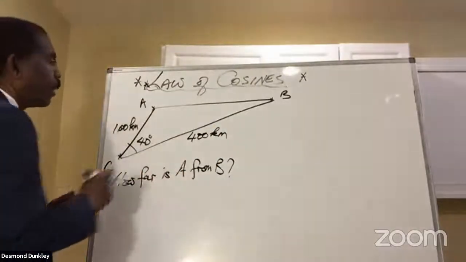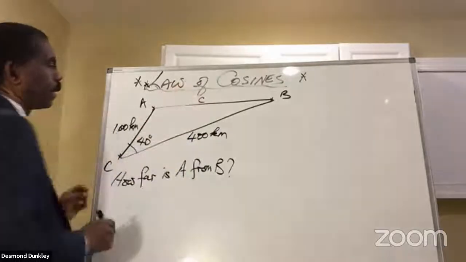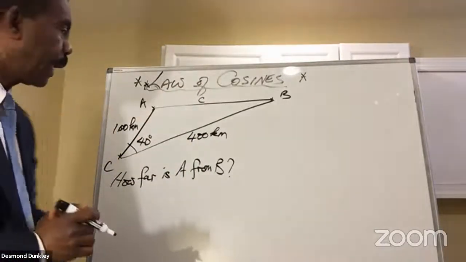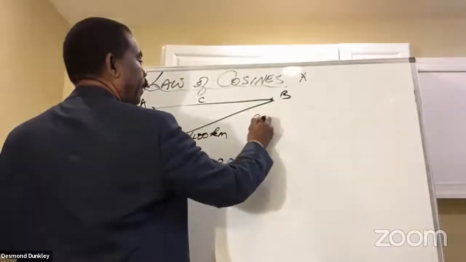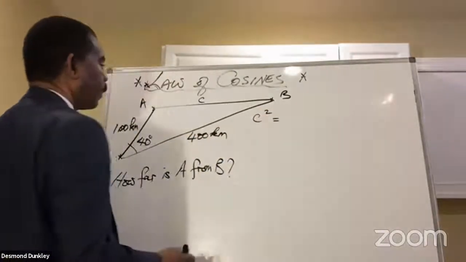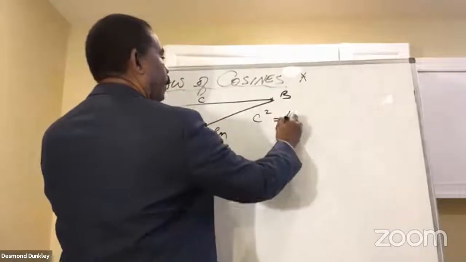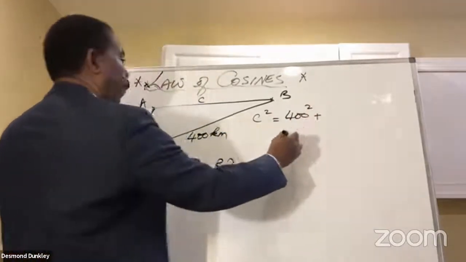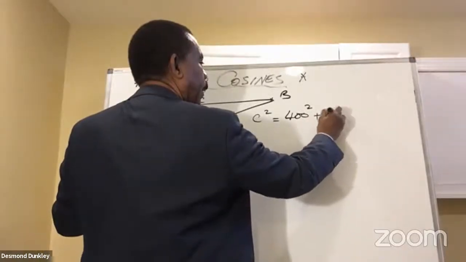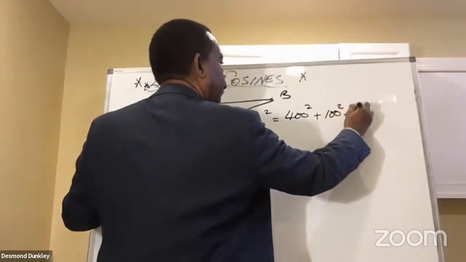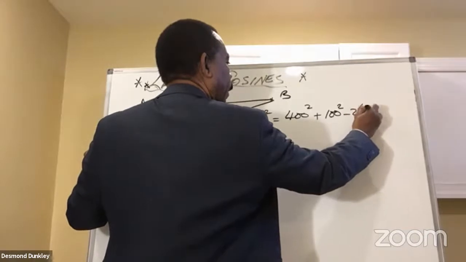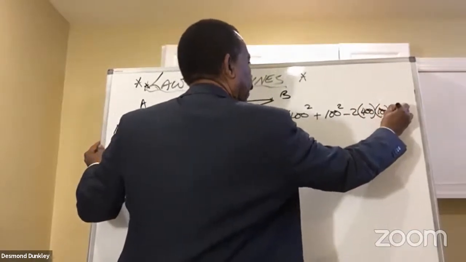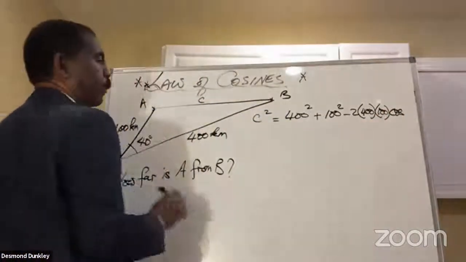Okay, so we'll call this little c. And according to the law of cosines, we say c squared is equal to 400 squared plus 100 squared minus 2 times 400 times 100 cosine of 40 degrees.